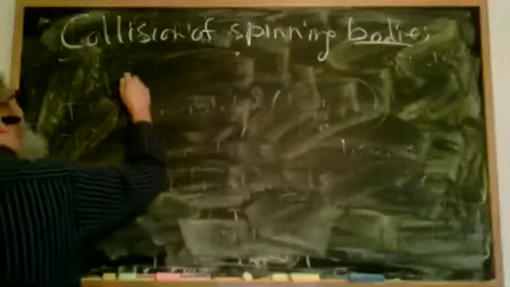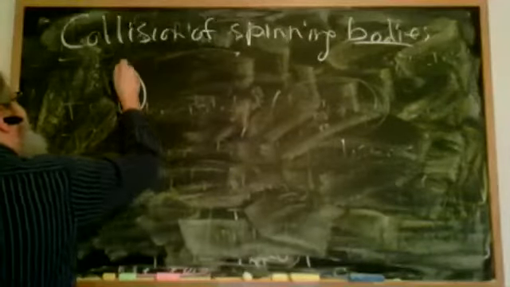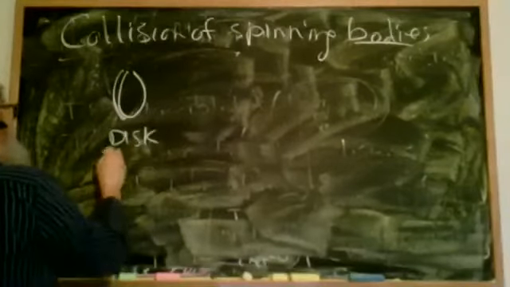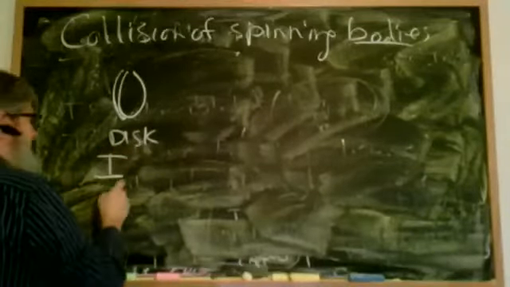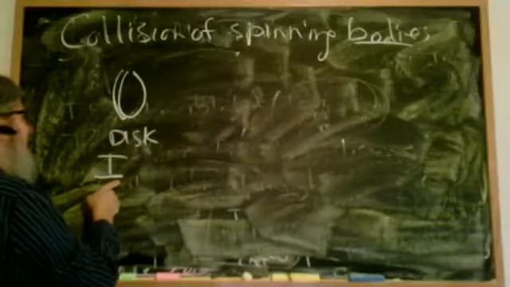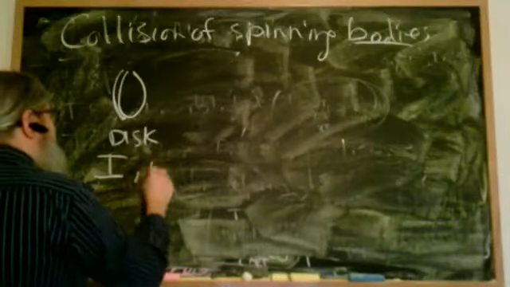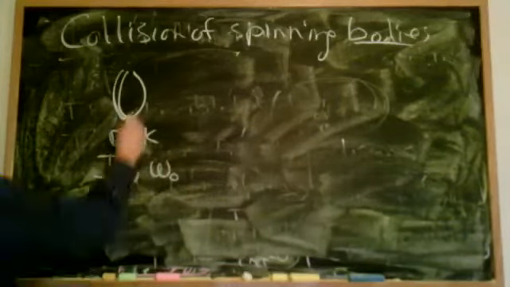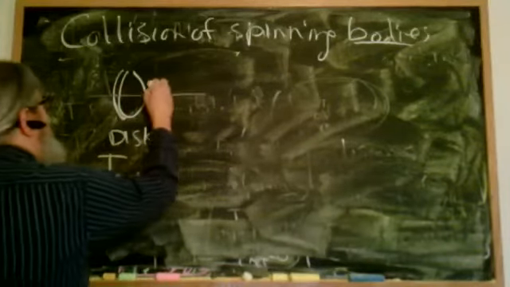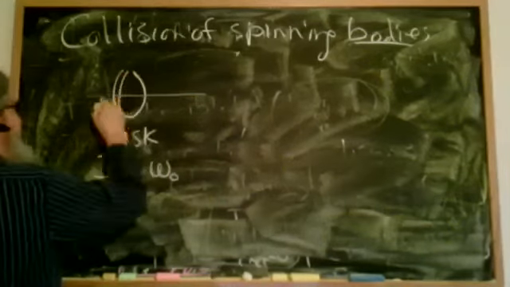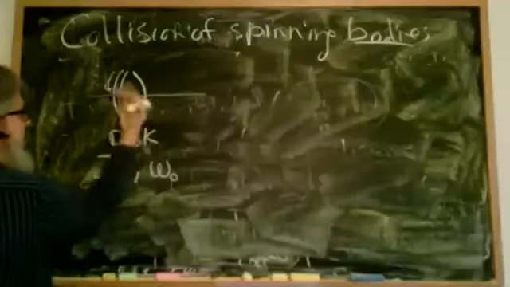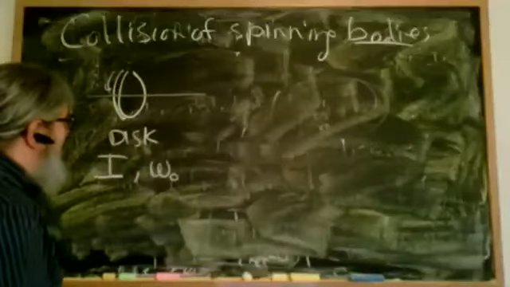So, for example, I could have a disk, so here's a disk, and it's got a rotational inertia, which I'll call I, and an initial angular speed, omega naught. Okay, so it's spinning, and that's the axis of rotation. It's spinning like this in what we'll call a counterclockwise direction.